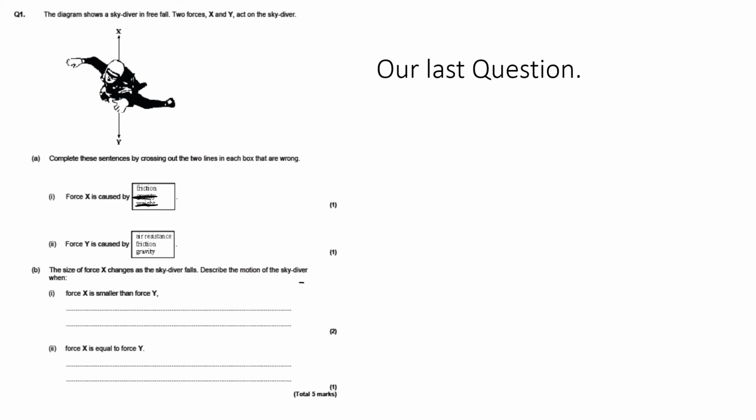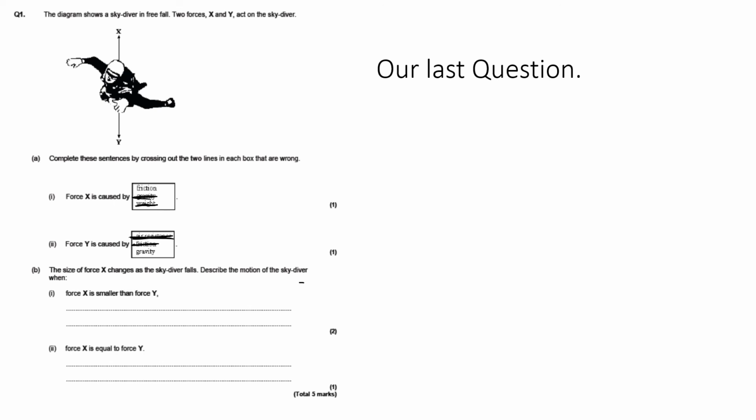Force Y is caused by, let's have a look, Y is going down, so it's going to be caused by gravity. So the size of force X, the air resistance, changes as the skydiver falls.